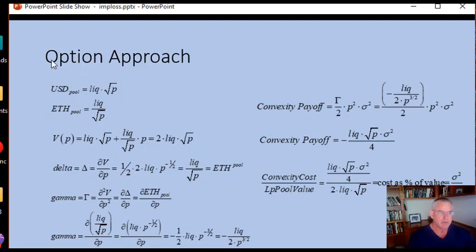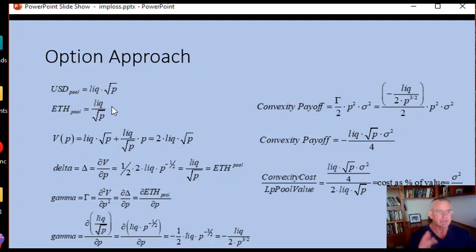So let's go. Can we figure this out? Well, yeah, we can, because we know the value of this portfolio for Eve, the LP, and what her delta is. Well, the delta is the change. The value of the LP is basically 2 times liquidity times the square root of price, and you just follow the algebra there to calculate it.